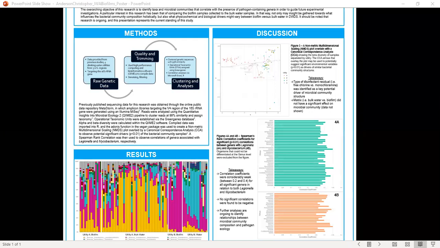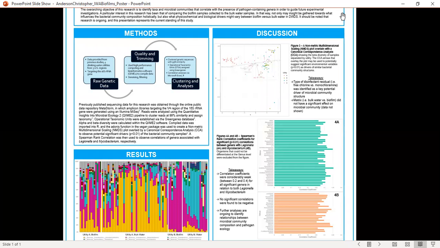Unlike alpha diversity, beta diversity shows more of a holistic representation of the data set. This is because it looks at the relative similarity between each individual sample. And so a shorter distance between 2 points on this graph indicates a greater similarity in the overall bacterial community structure of the 2 samples.